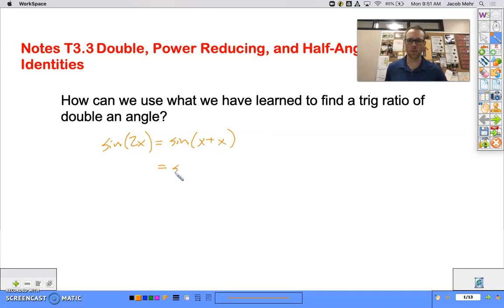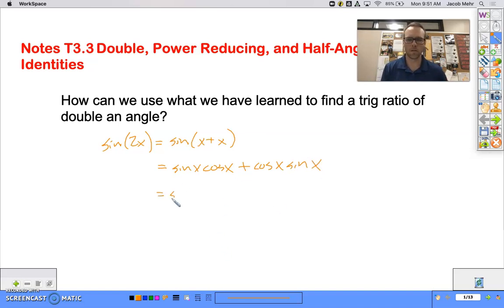So this, of course, would be sine of x cosine of x plus cosine of this second angle times the sine of the first angle, and we have that.